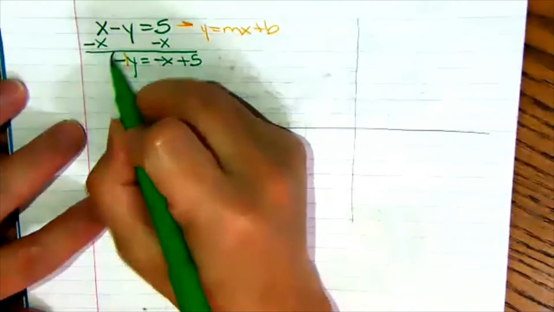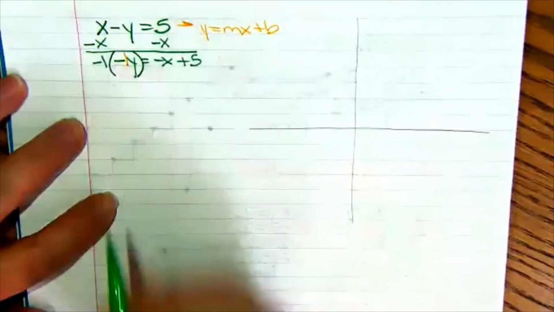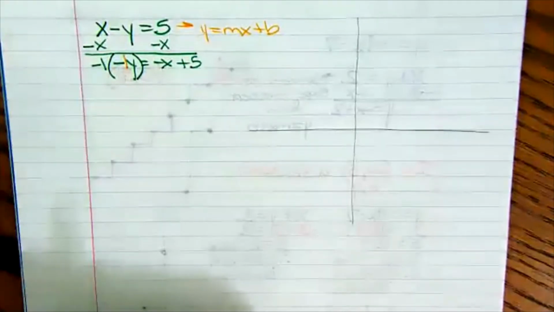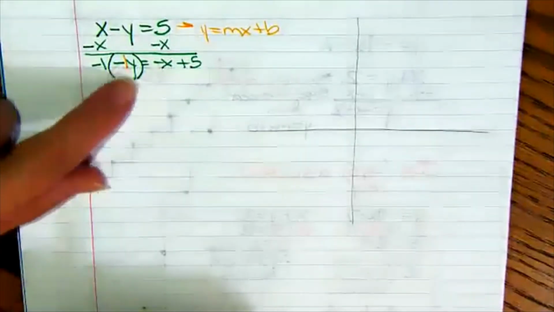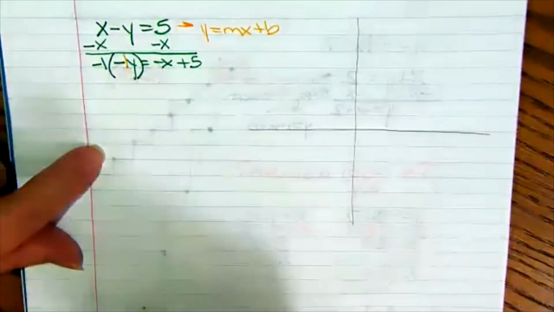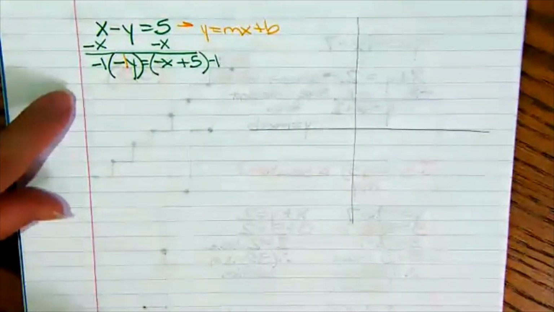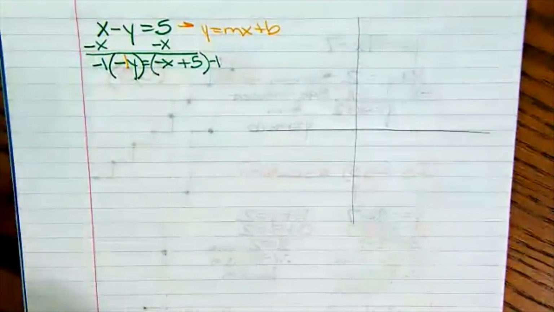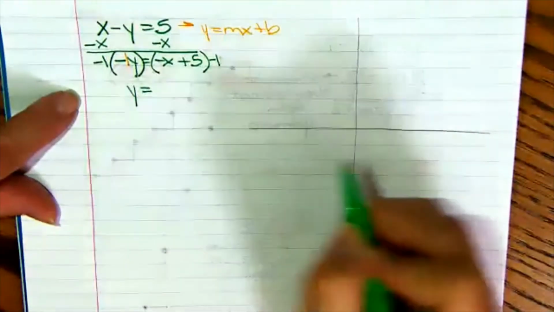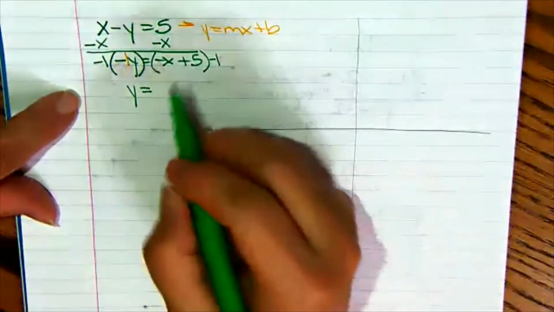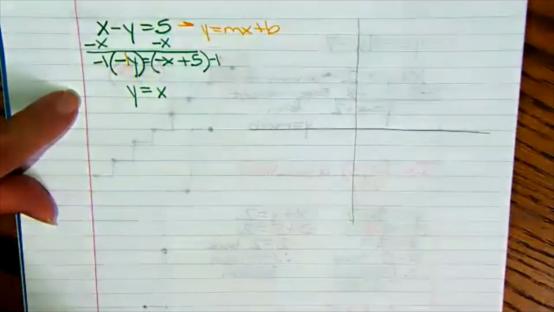So I've got two things I can do. I can multiply this by -1 because a negative and a negative is positive, right? So let's go with that. I think that's the easiest way. So let's multiply this side by -1 and multiply that side by -1. A negative and a negative is positive. So y equals -1 times -x is positive x.